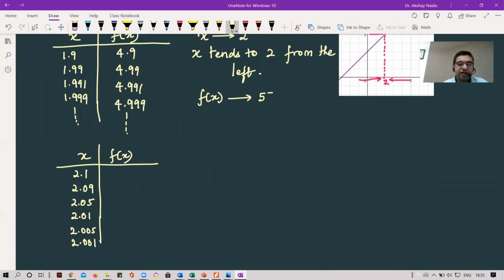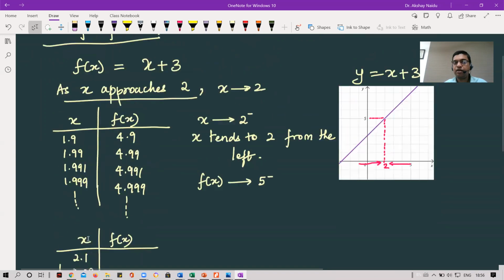What is happening? x is approaching values closer to 2, but from the right of 2, from this side. See in the graph, this is the graph from 2. This is from the left, this is from the right.